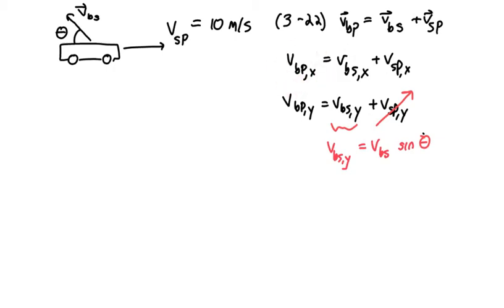And then next we want to find the x component of the ball with respect to the student, which is a cosine because we're looking for the horizontal component right there. And now let's put in VSP, because VSP is only in the x direction. Okay, now using this, we can solve for VBS.